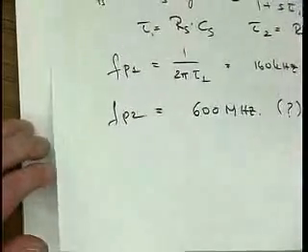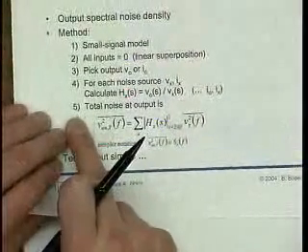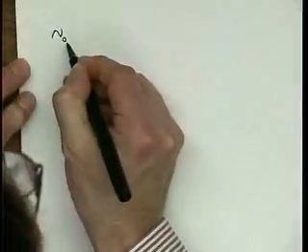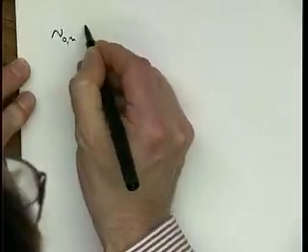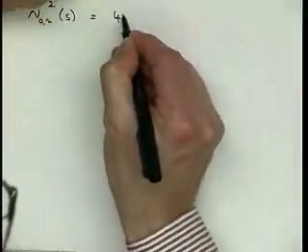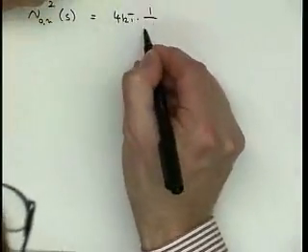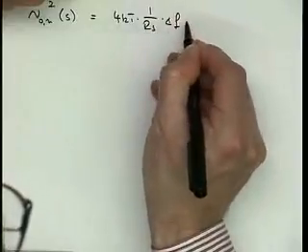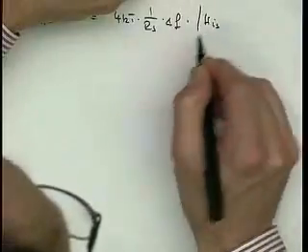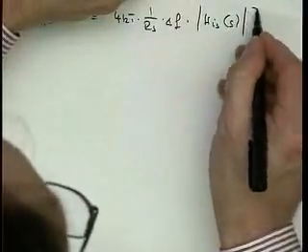Okay, so now we can calculate the noise at the output, so let's do that. The noise at the output, VON, as a function of frequency, is equal to, first of all, the noise source, which we said is 4kT times 1 over Rs times delta F times the transfer function HIS of S squared.